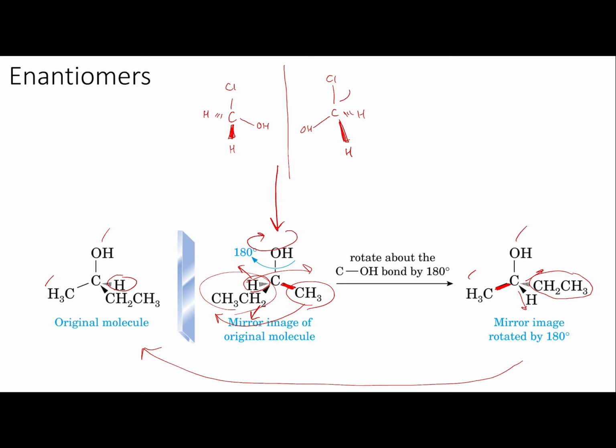Now we're going to rotate this one 180 degrees so that the Cl and the OH are still there. OH is flat. But now we've turned it, so this backwards H comes forward, and this forward H goes backwards.